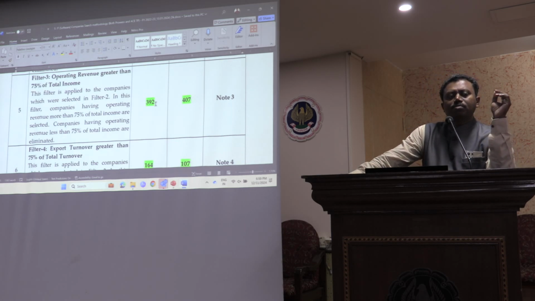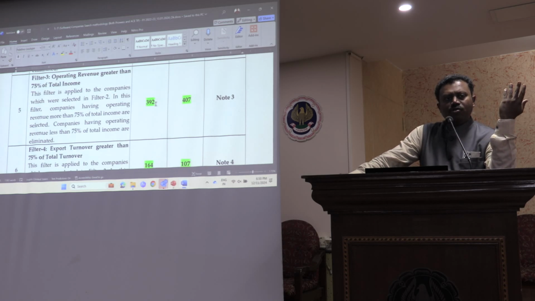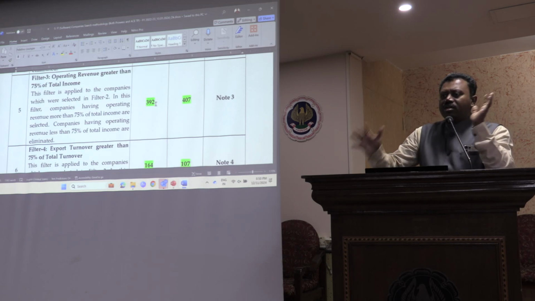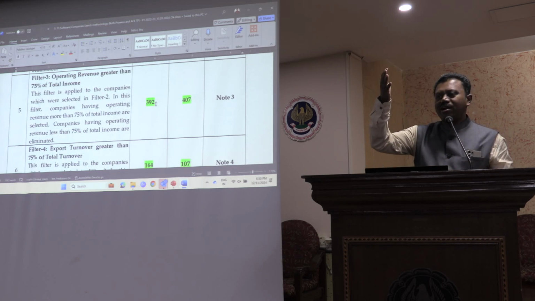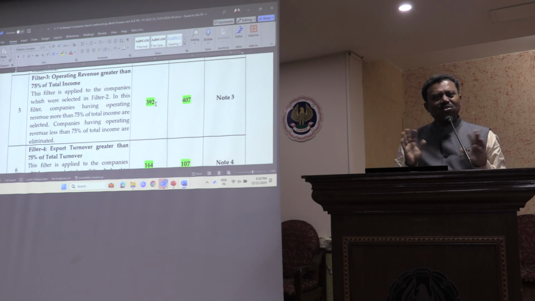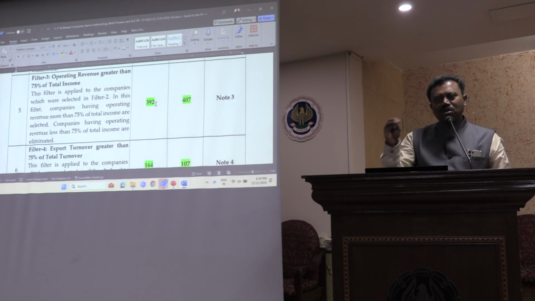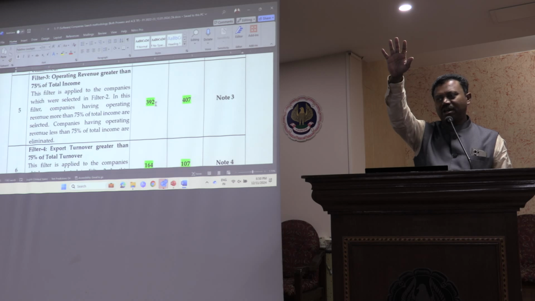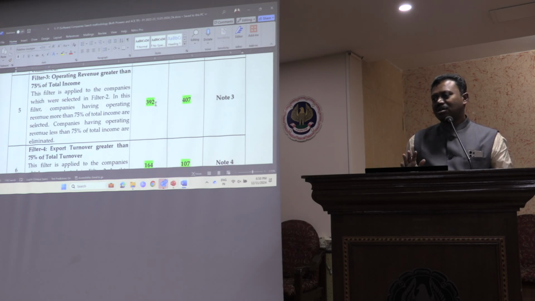If it is a captive unit of the foreign entity, then its entire turnover is normally from the foreign entity only. And typically it will not have any other income. It will be just cost plus billing, and that is the billing that is coming there. So almost 100% of income is operating income.